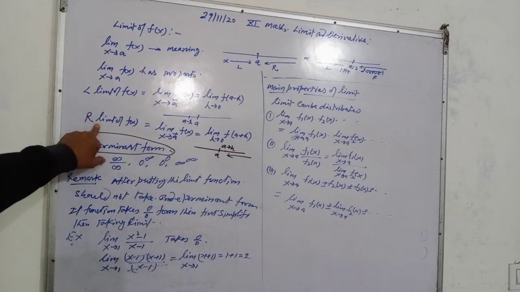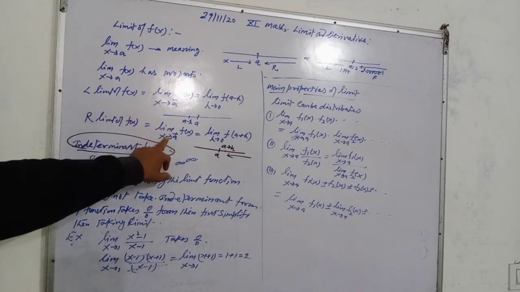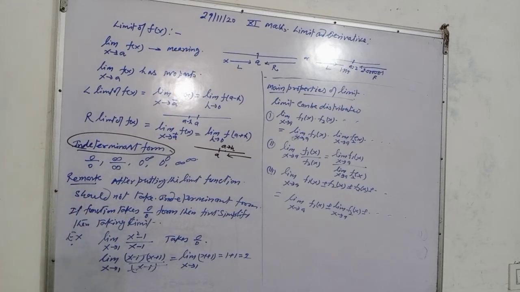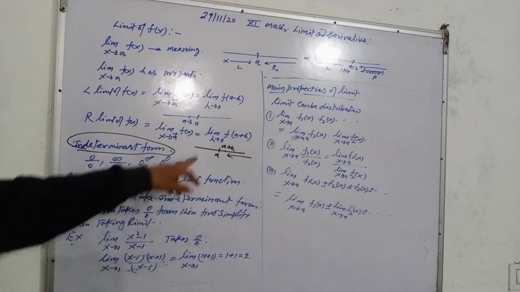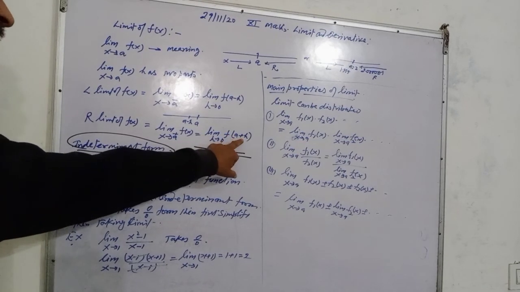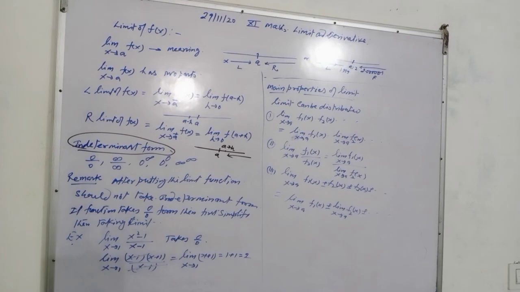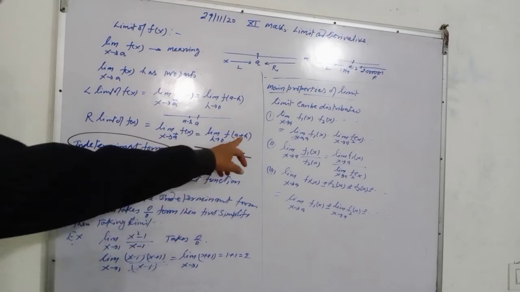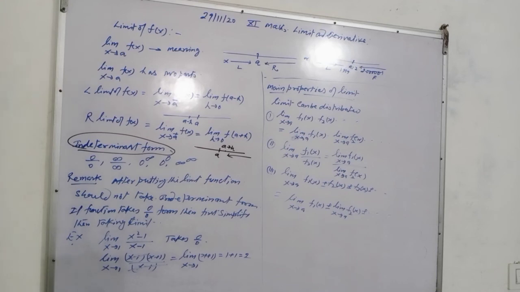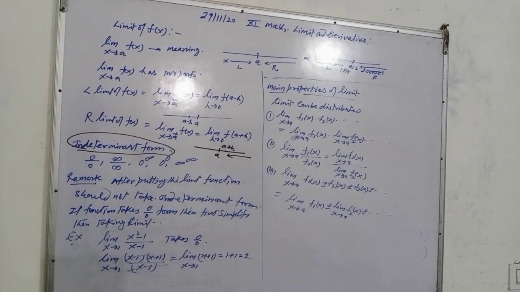The right limit is written as limit x tends to a plus, a point on the right side of a, and it is written as limit h tends to 0 of f(a plus h), so in place of x you write a plus h, a point close to a but on the right side of a. Okay, now you have to remember some standard limits.